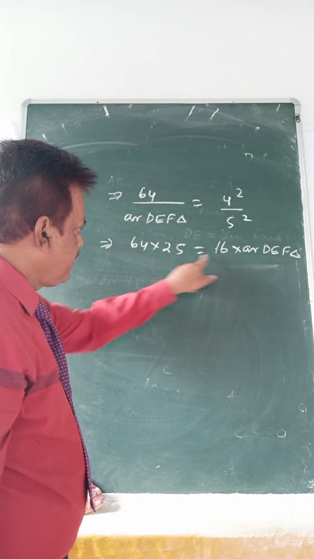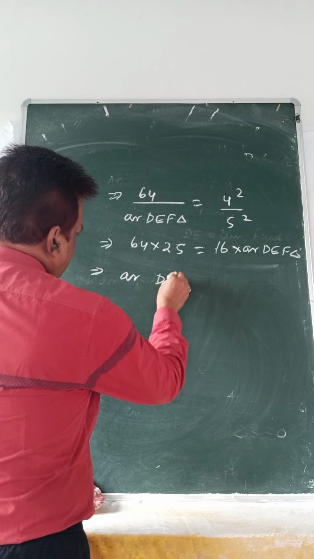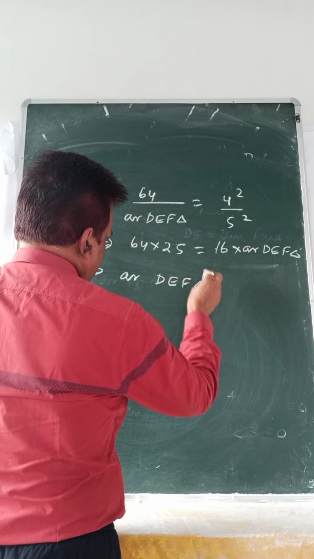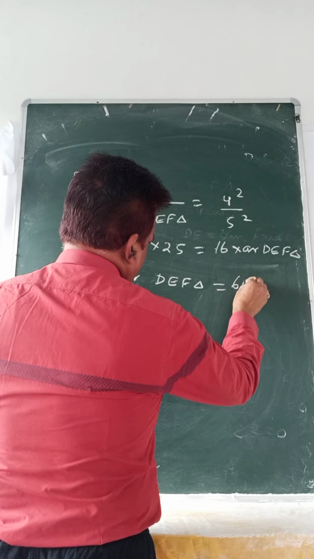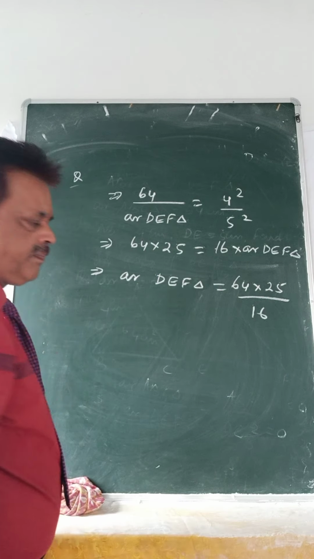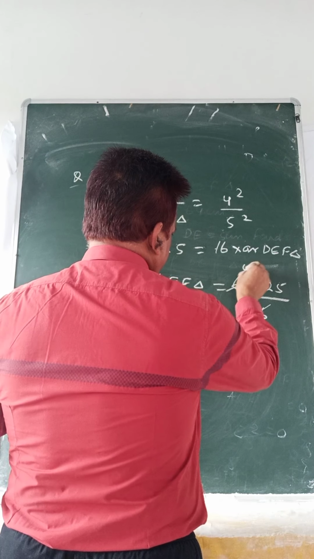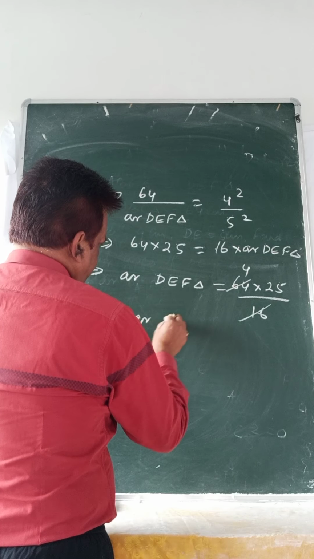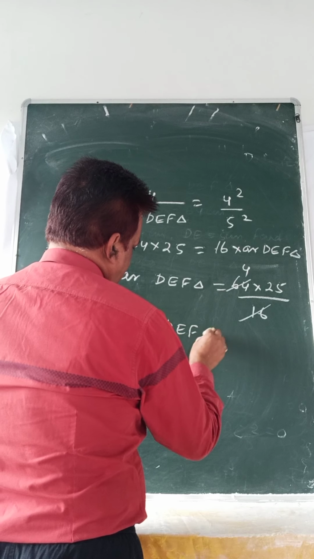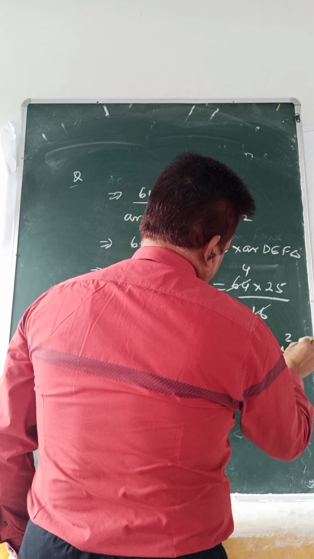Then bring this down: area of DEF triangle equals 64 into 25 by 16. This will come down, cancel 4. The area of DEF triangle equals 100 centimeter square.